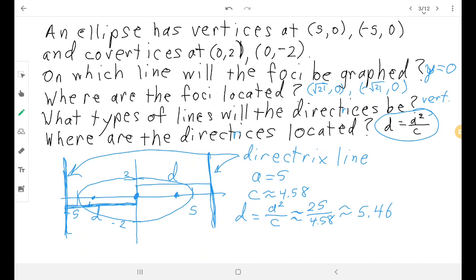So we could call this directrix 1, directrix 2.